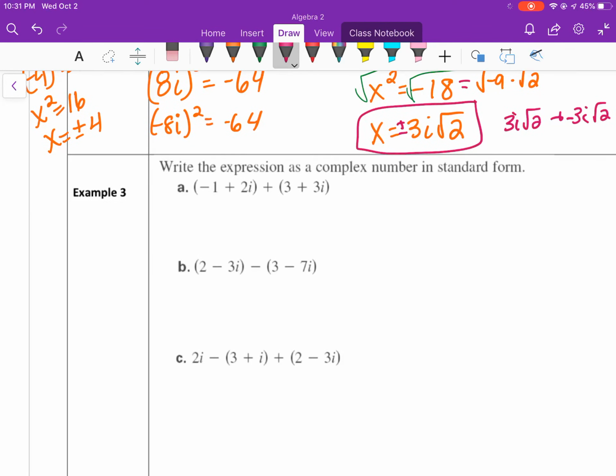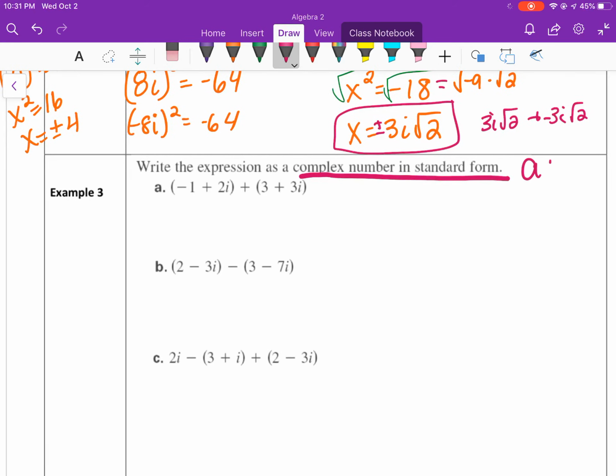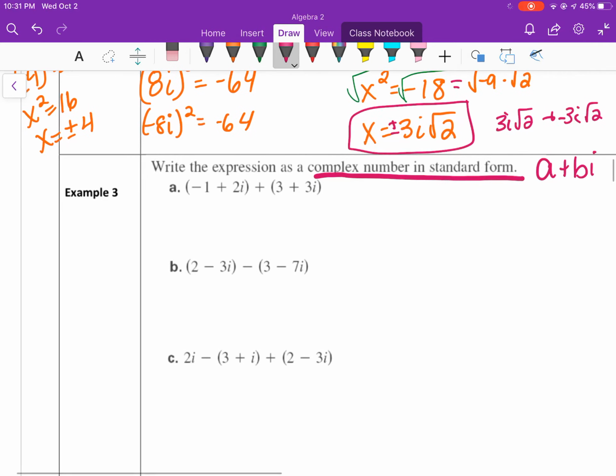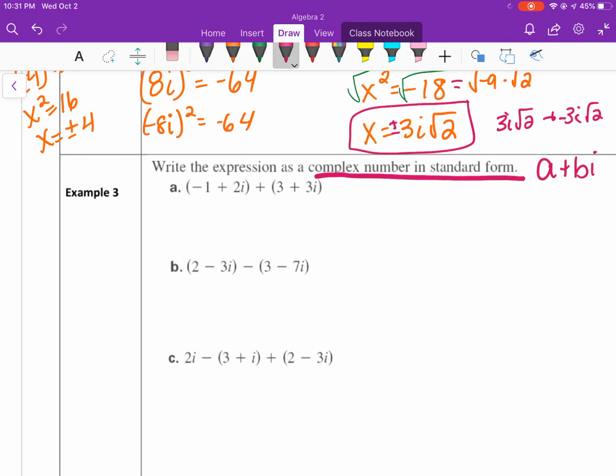Example 3, if I want you to write the expression as a complex number in standard form, I want you to write the complex number as a plus bi. In adding or subtracting, we are looking to combine like terms, which means combine the real part and combine the imaginary part.